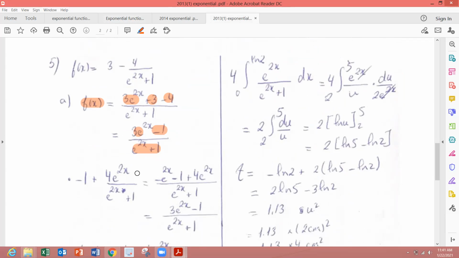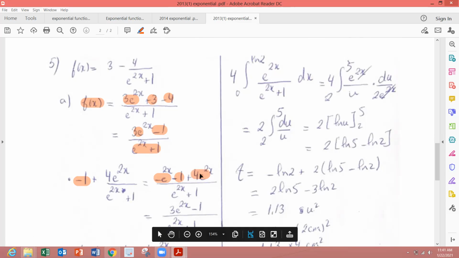I take the second side, minus 1 plus 4 e power 2x over e power 2x plus 1. I take the LCM, which is e power 2x plus 1. Minus 1 times e power 2x is minus e power 2x, minus 1, plus 4 e power 2x.